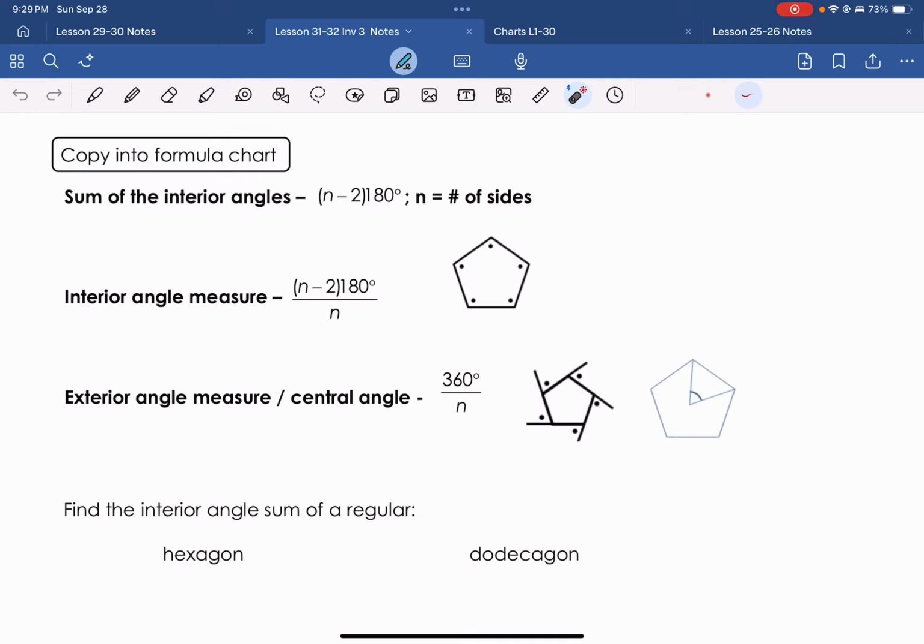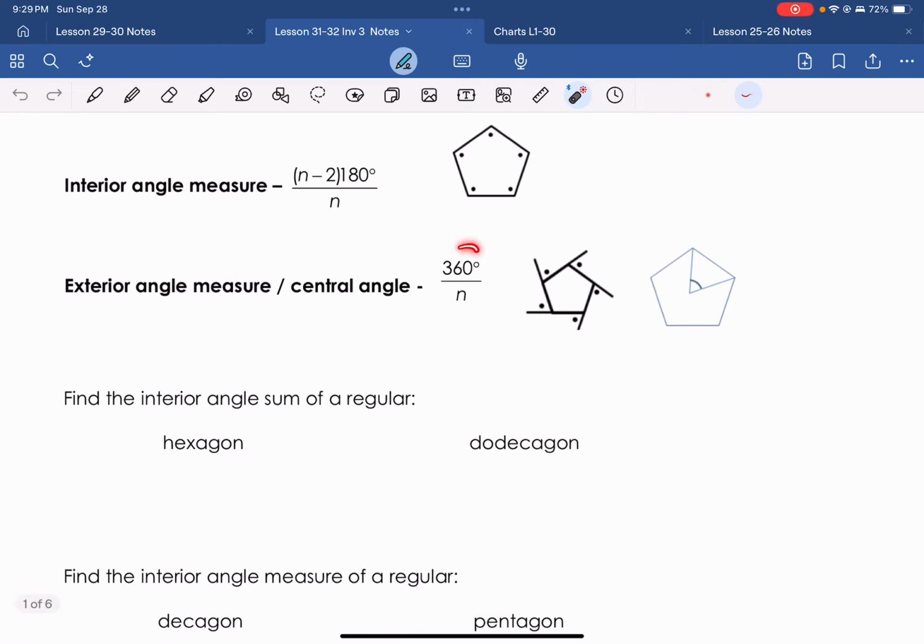So, using our triangle example again, if I took 3 minus 2, I get 1. 1 times 180 is 180. 180 divided by 3 sides of a triangle is 60. That means a regular triangle would have 60 degrees plus 60 degrees plus 60 degrees, which is the 180. So although their sum is 180, each individual angle is 60.